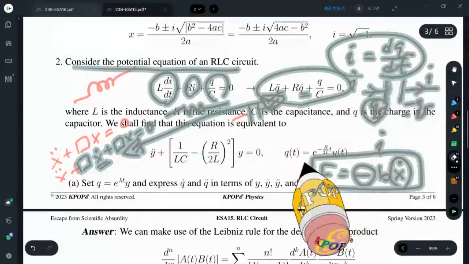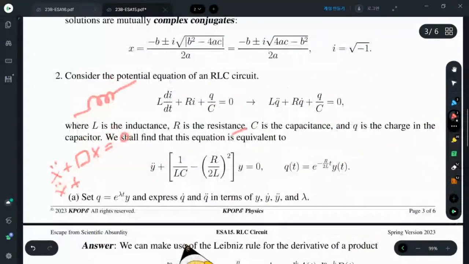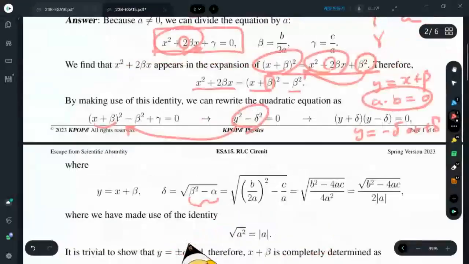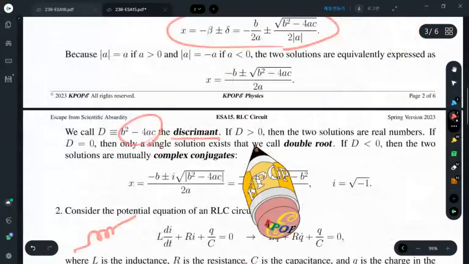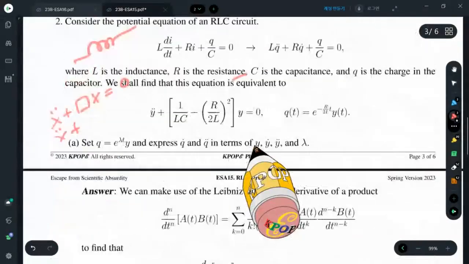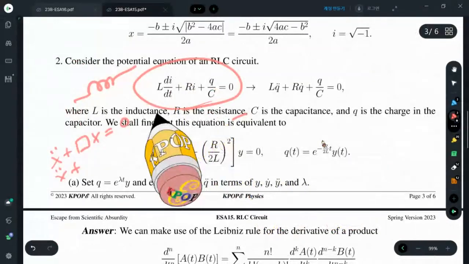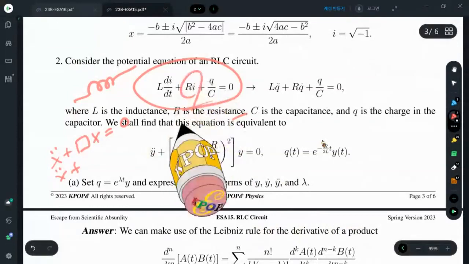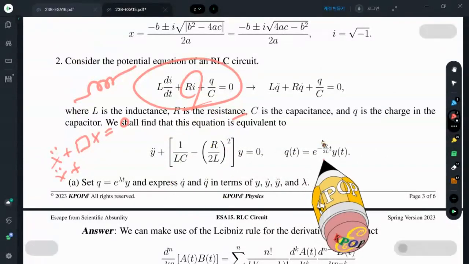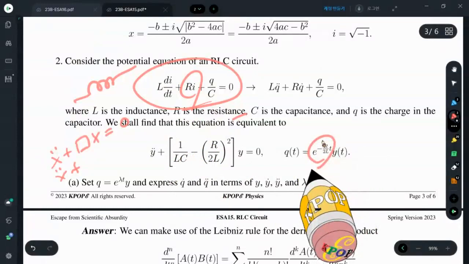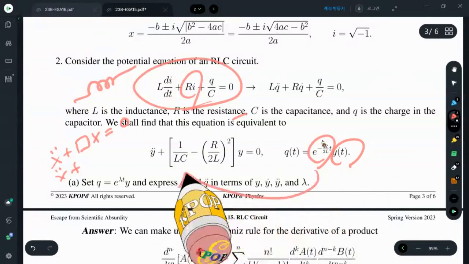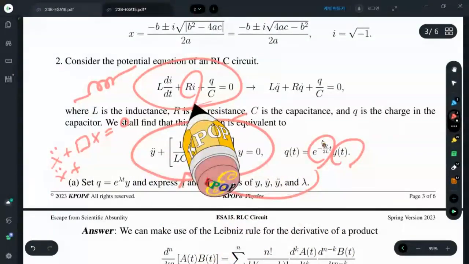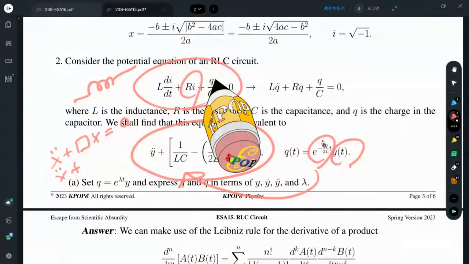What we want to do is to apply this elementary method of simplifying the quadratic equation. We just make use of the same method to simplify this differential equation that has the first order derivative into an equation scaled with some exponential function and then multiplied by a solution that is much simpler than the original equation.